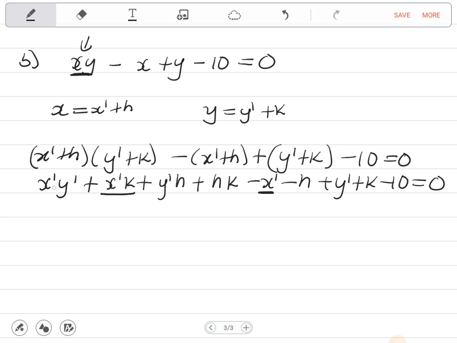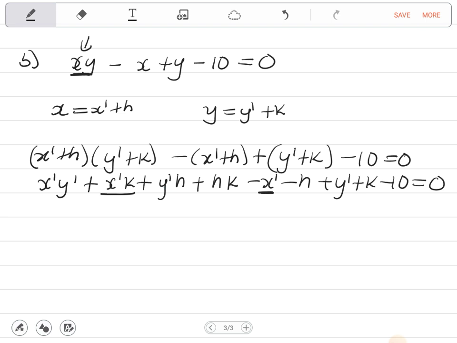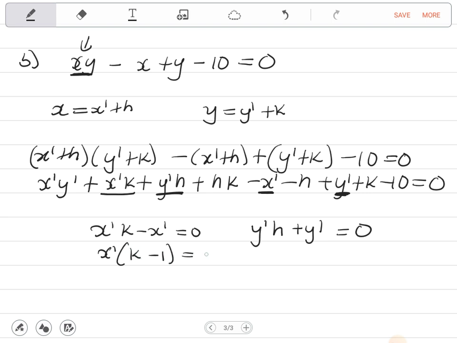Also the y prime terms: y prime h plus y prime. Let us now factorize this. We are going to equate this to 0 and that to 0. X prime is out, so we have k minus 1 there, and y prime out, we have h plus 1 there.